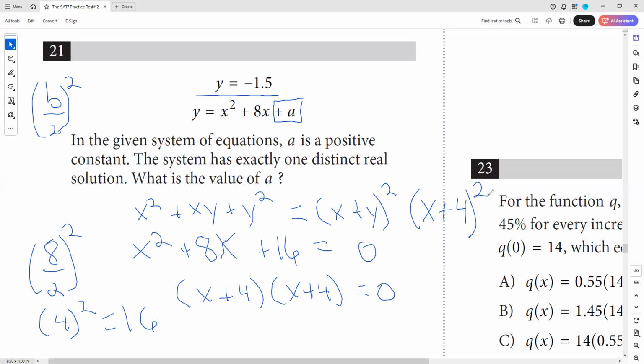Okay, but we have to deal with the other equation. So y is equal to 1.5. Now let me explain that part. You may pause the video to do the factoring of x squared plus 8x plus 16, but we didn't take into account the other equation which we must take.